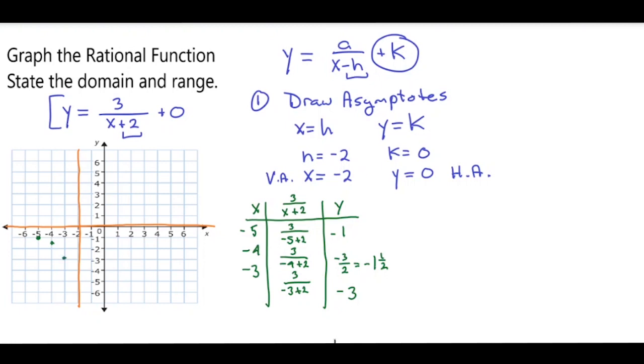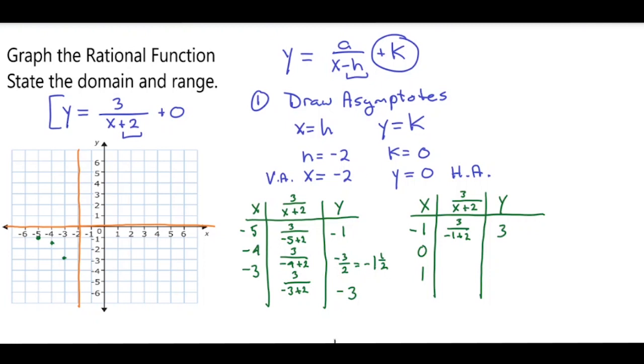Now let's find the points on the right side of the vertical asymptote. For my x values, I am going to choose negative 1, 0, and 1. So remember, we're plugging those into 3 over x plus 2 to find our y values. So negative 1 will be the first thing I plug in. So I have negative 1 plus 2. Well, negative 1 plus 2 is 1. 3 divided by 1 is 3.